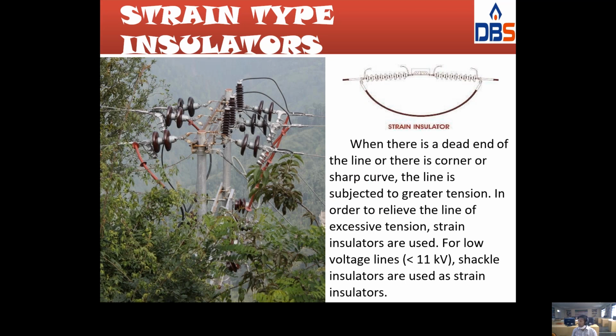When there is a dead end of the line, or a road crossing, or a corner curve, or a sharp curve in the road section, the line is subjected to greater tension. In order to relieve the tension from the conductor, shackle type insulators are used as strain type insulators.